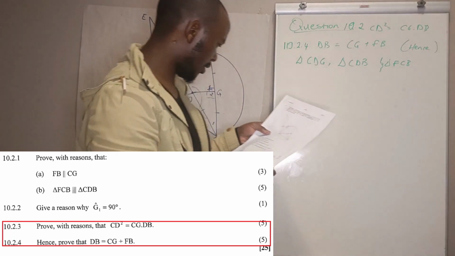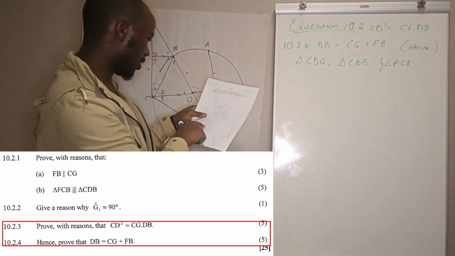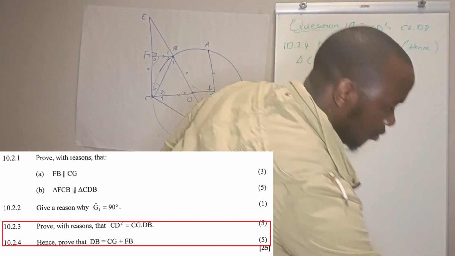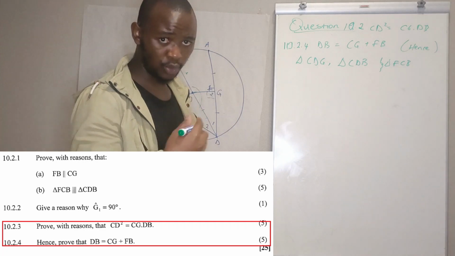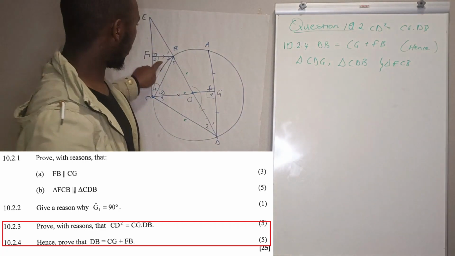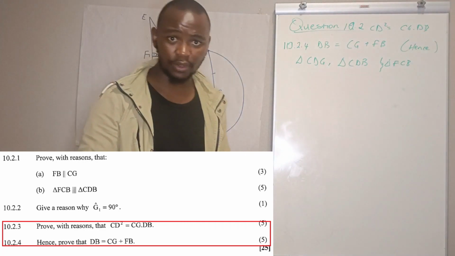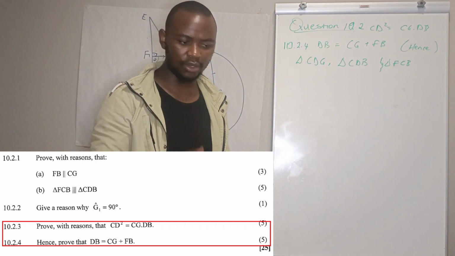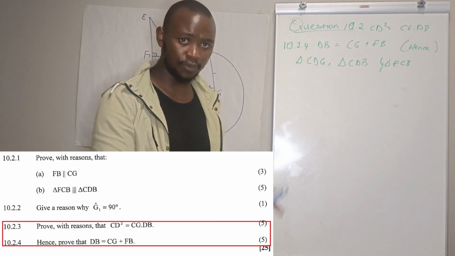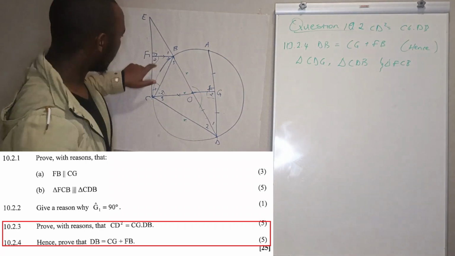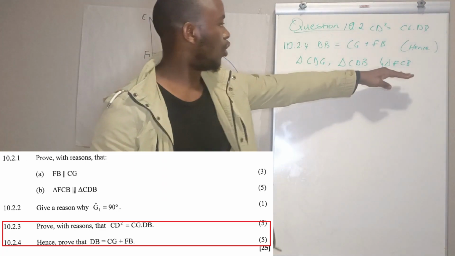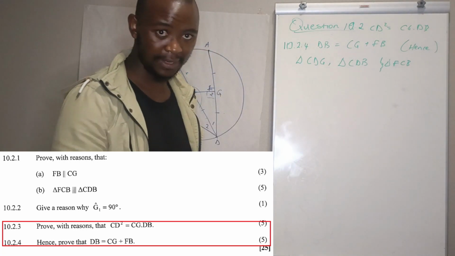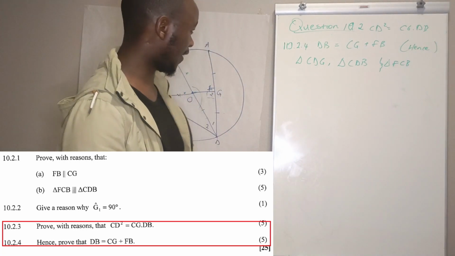The previous question, question number 10.2.1b, or the calculation for this is in the previous video, the video that you should watch before this one. So we proved that this FCB triangle is similar to this one. So all these triangles are similar. That's one thing you should note in here.